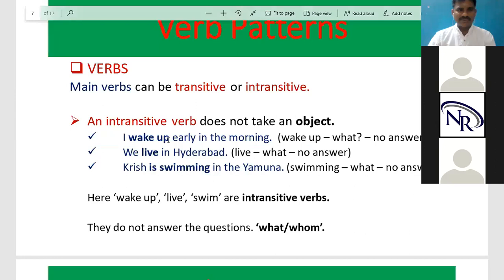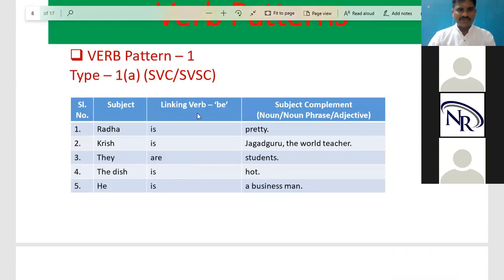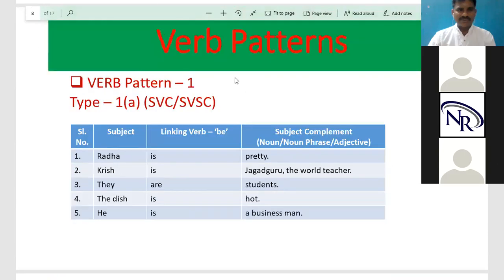Verbs can be divided into three categories: main verbs, or lexical verbs, or action verbs; second, helping verbs, or auxiliary verbs; third, modal verbs. Main verbs can be divided into two categories: transitive and intransitive. A transitive verb takes an object. An intransitive verb doesn't take an object. Now let us go into verb patterns or basic sentence structure.